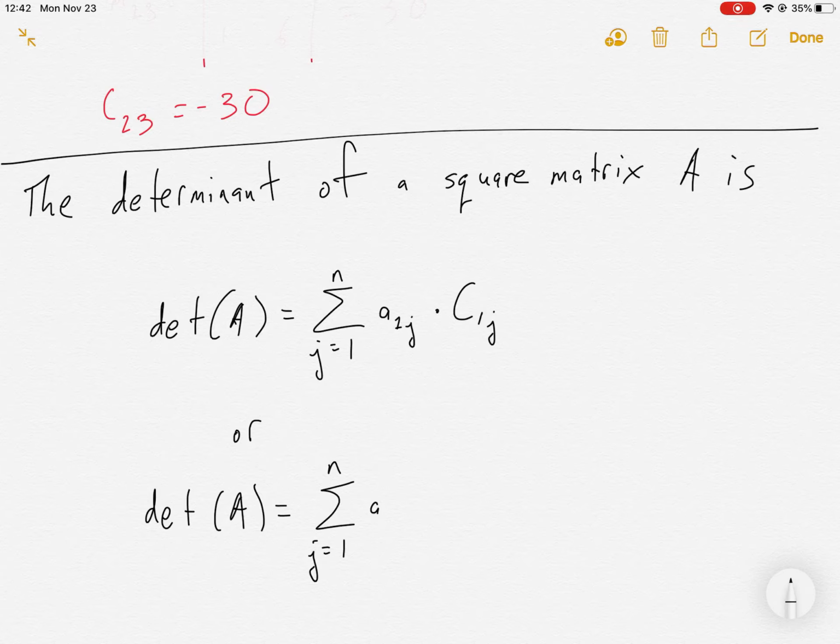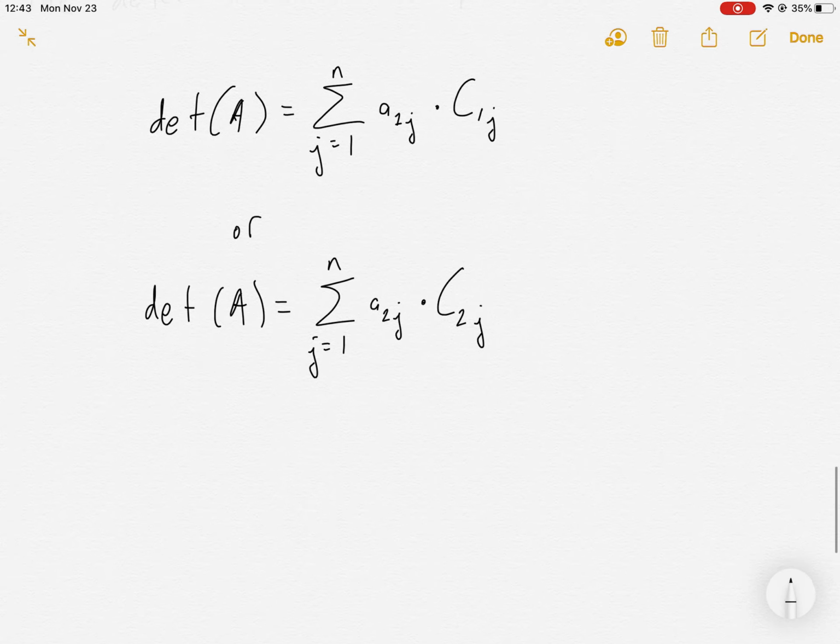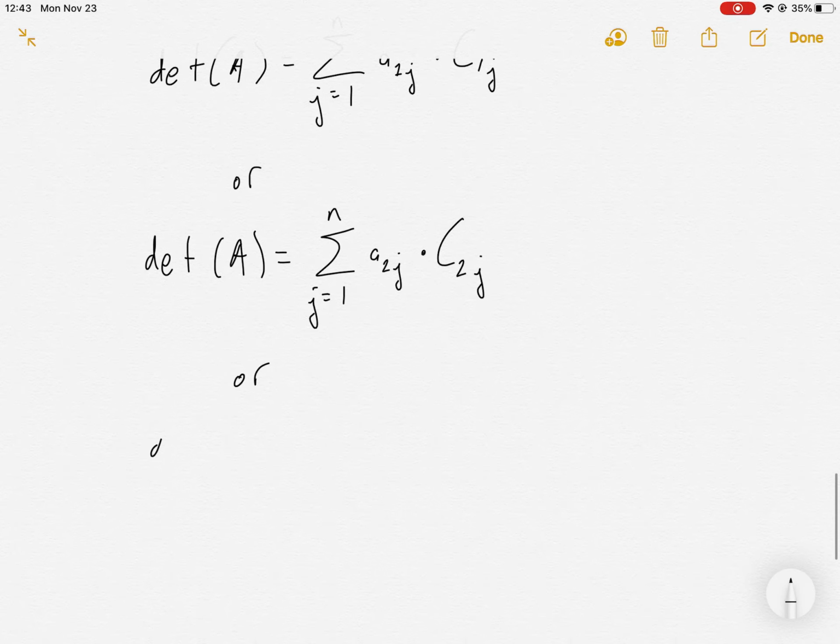I could say instead of using the first row, I could use the second row, etc. Or if I wanted, I could actually use the columns instead. I could say the first column now.